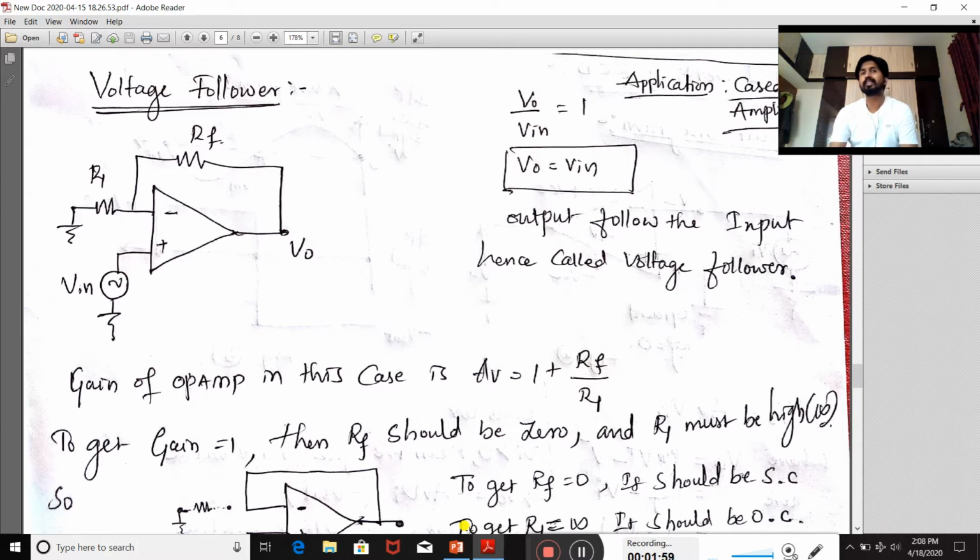As we know, all the amplifiers will have high input impedance and low output impedance. To match the impedance, we use a voltage follower, and to maintain the same output voltage without altering. Hence, we use the voltage follower circuit in many cascaded amplifiers.